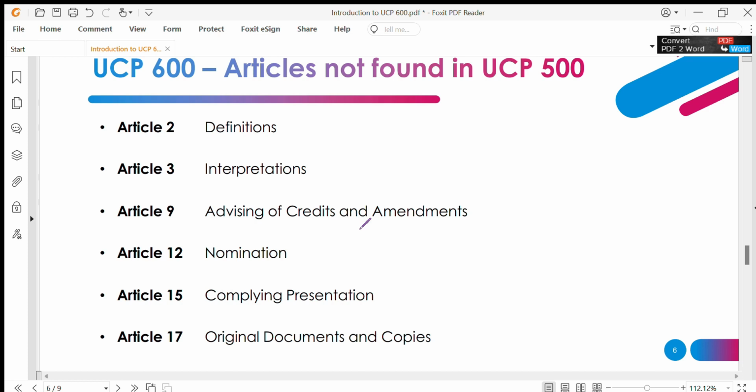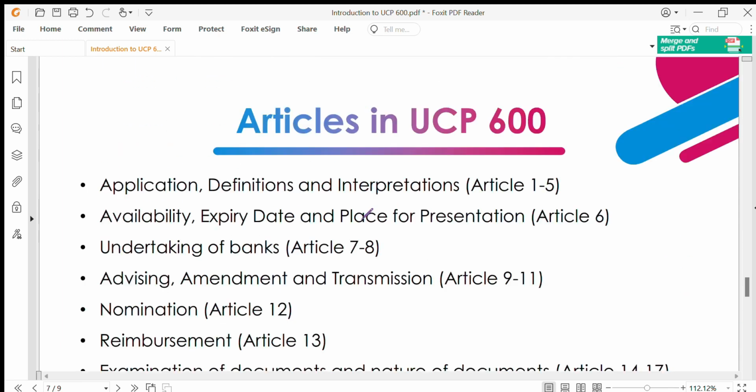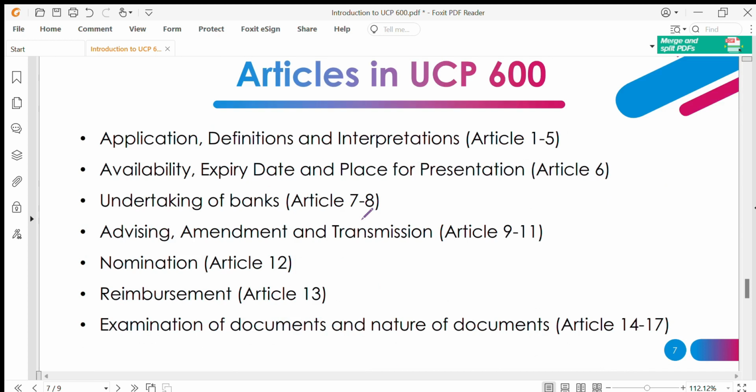Article 12 stipulates how a nomination should be done correctly. Article 15 tells you what a complying presentation is and how banks need to act when a complying presentation is submitted to them. Finally, Article 17 talks about what is meant by original documents and copies when handling documentary credit. Now let's go through a brief summary of the articles.